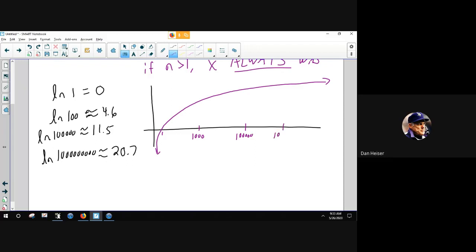This might be a billion. Not a very fast growing function at all. But yet it's used in many, many applications. Because e to the x grows so fast, ln of x grows extremely slowly.